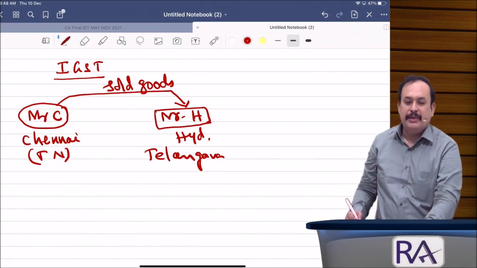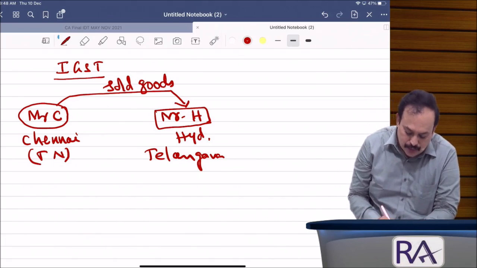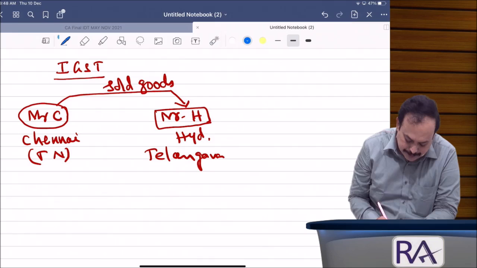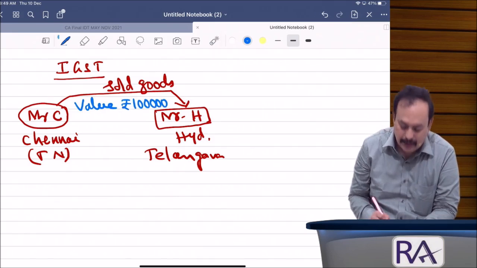Two different states, my dear. Is it clear? Now, what value of the goods has been sold? Let us say he sold for rupees, for easy computation purpose, 1 lakh.